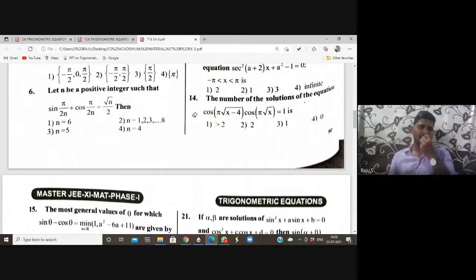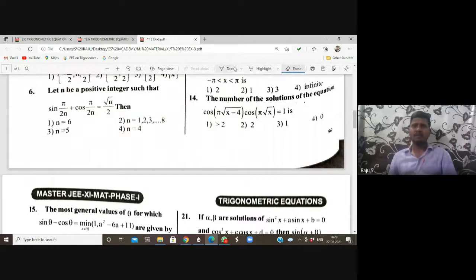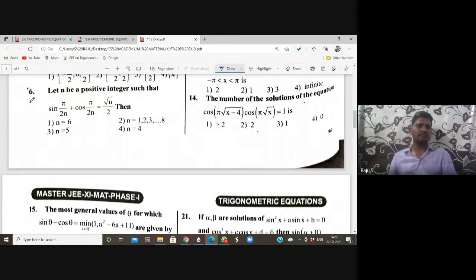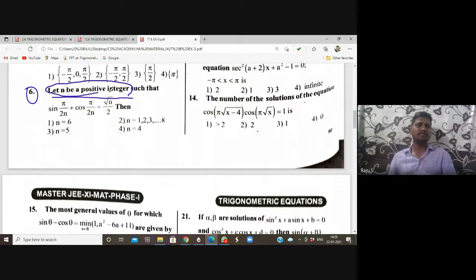Okay students, here also, instead of solving the problem, n is a positive integer such that sine pi by 2n plus cos pi by 2n is equal to root n by 2.